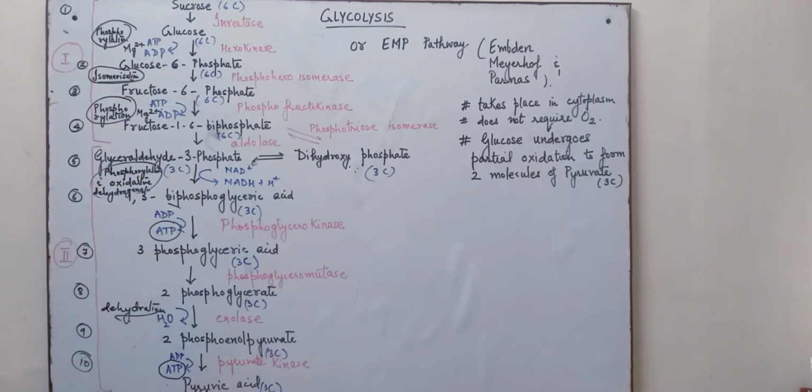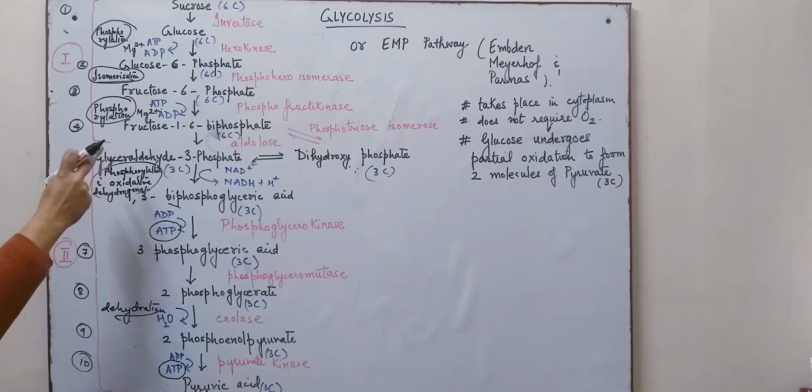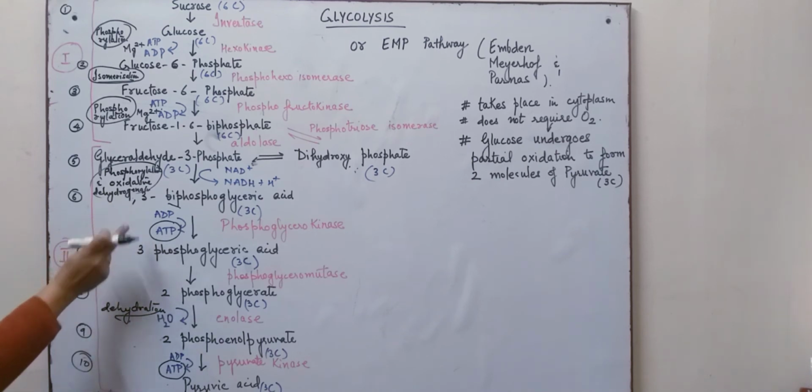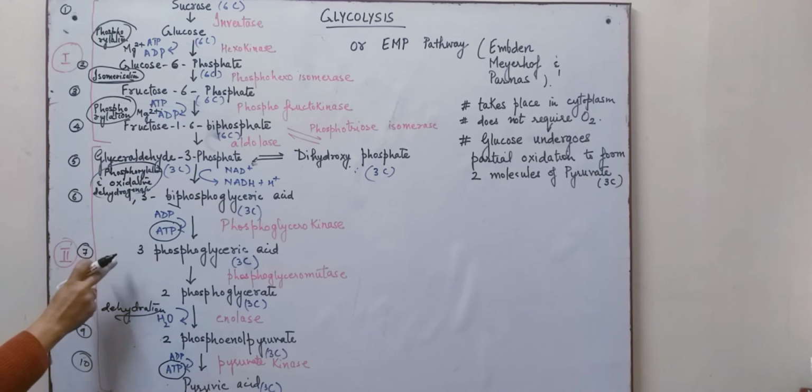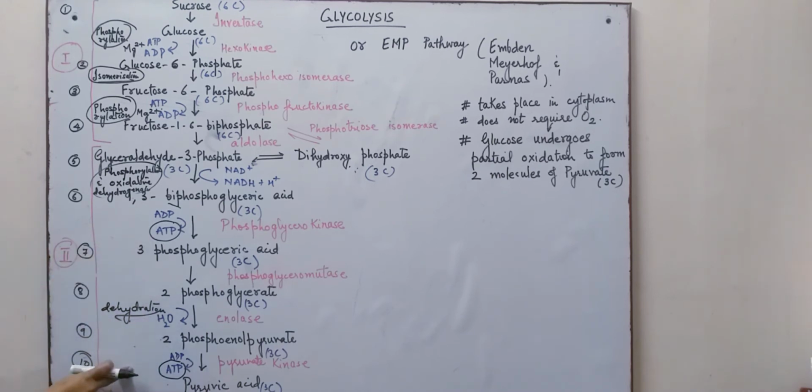But in the second phase, that is from here to here, there is production of 4 molecules for each conversion. There is production of 4 molecules of ATP during each phosphorylation.